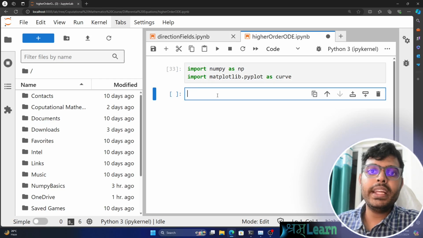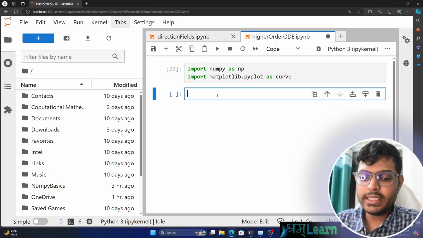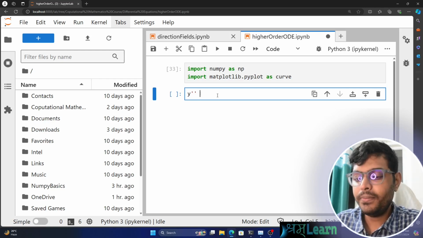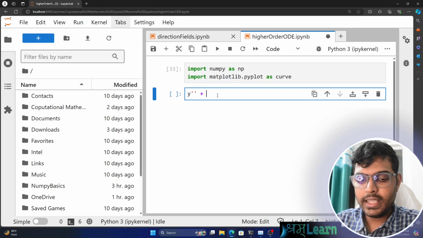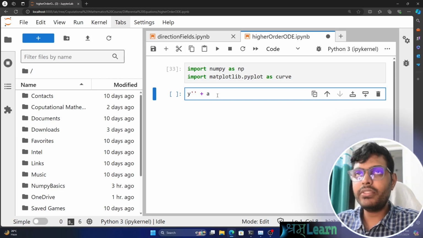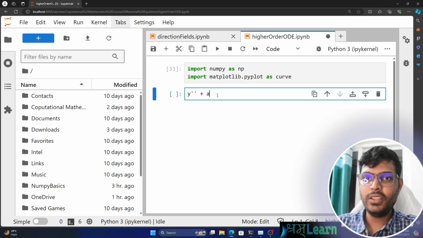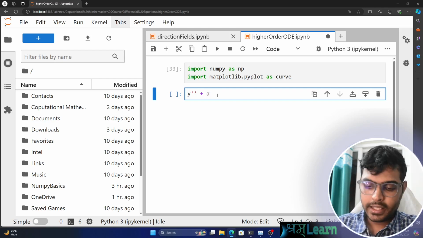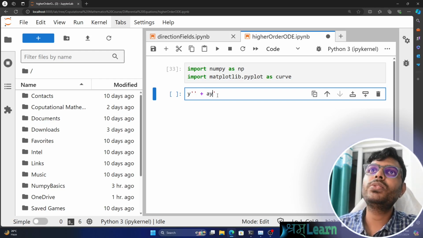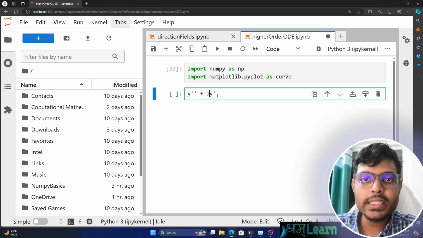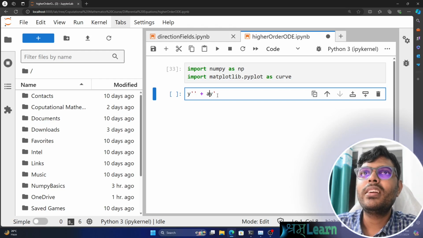So how do we get started with our problem? Let us write the differential equation. That is y double dash plus a times y dash, where a can be a function of x, a function of x and y, whatever, or it can be constant. If it is a function of x, then we have a linear differential equation.